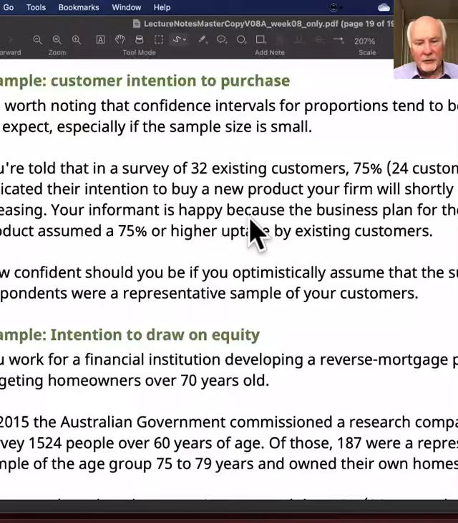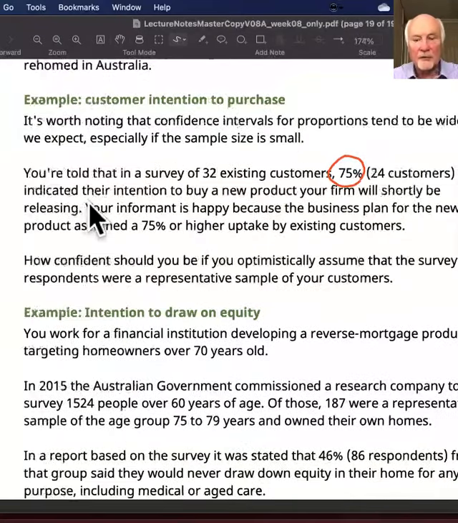I would strongly recommend you try out this calculation, and I'll go through the answer next week, but you will find that the initial proportion is 75%, but the confidence interval is pretty wide. That's a thing that you ought to be very aware of when you're dealing with proportions.